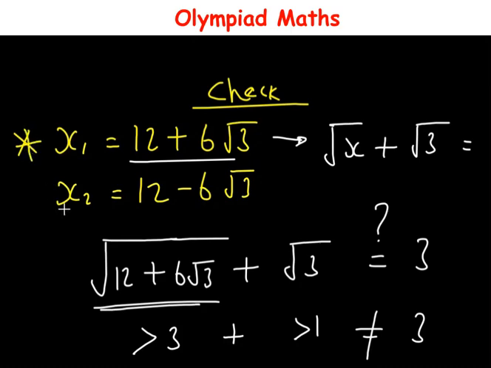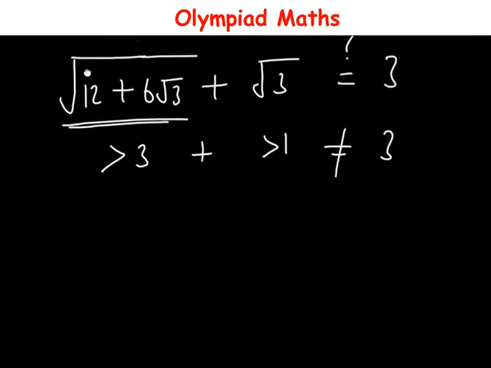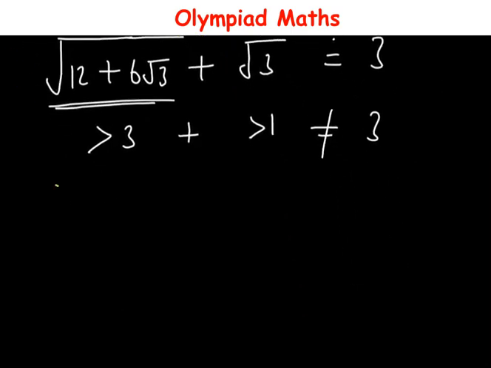Now let us confirm for x2, which is 12 minus 6 root 3. The equation that we have is root x plus root 3 is equal to 3.